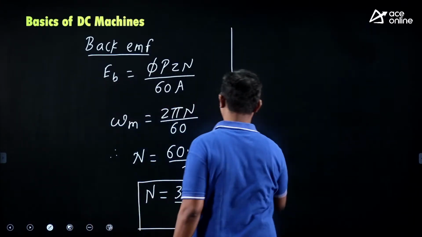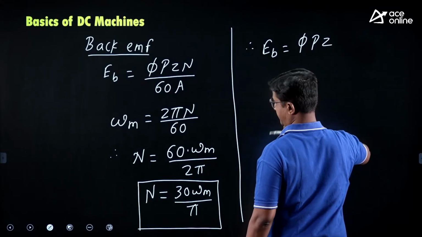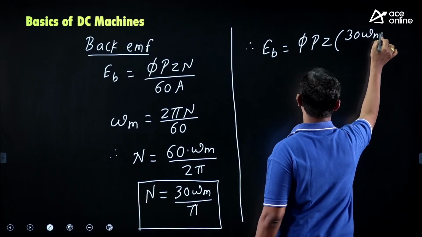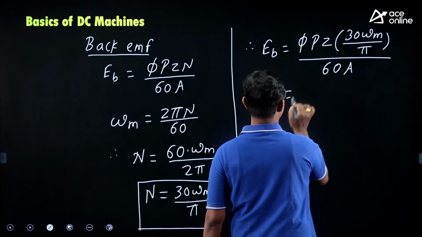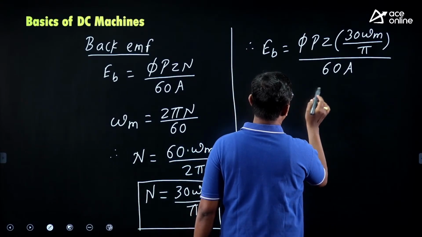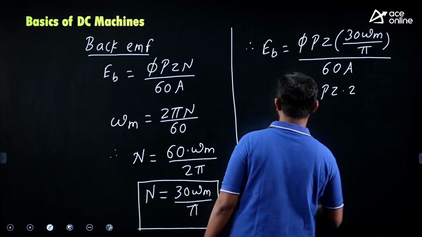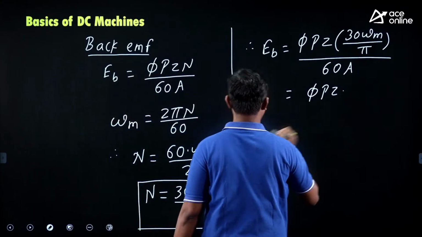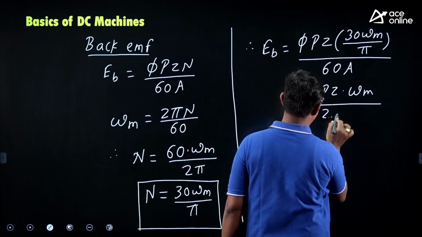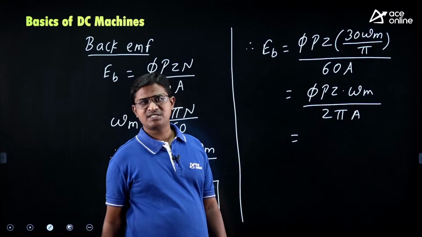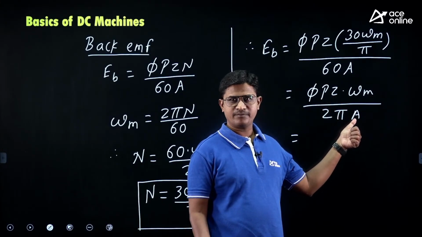Therefore I can write EB equal to phi P Z into 30 omega m upon pi upon 60 A. Further, this can be written as phi P Z into omega m upon 2 pi A. Once the machine is constructed, the number of poles, conductors and parallel paths will remain the same. 2 pi is also constant.